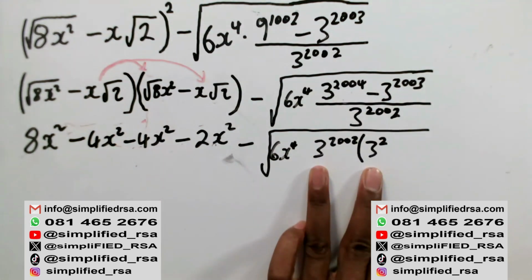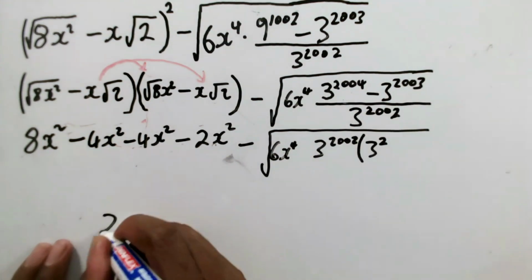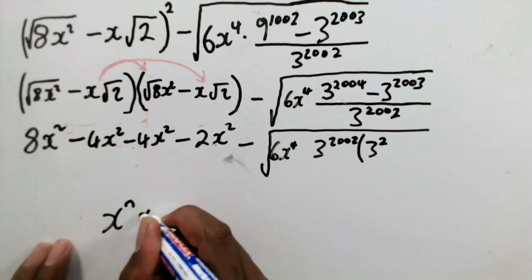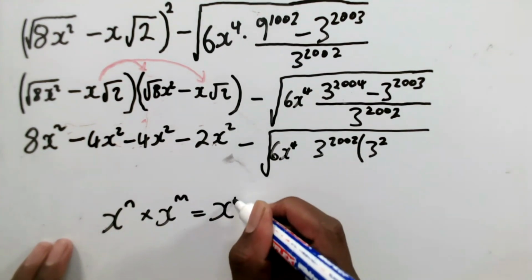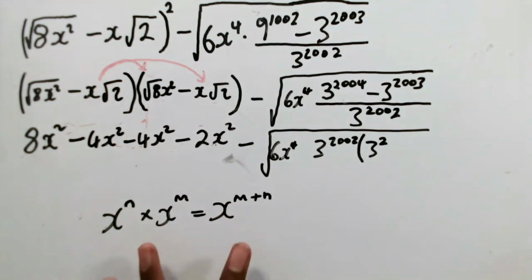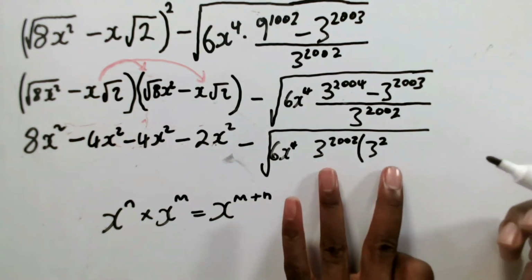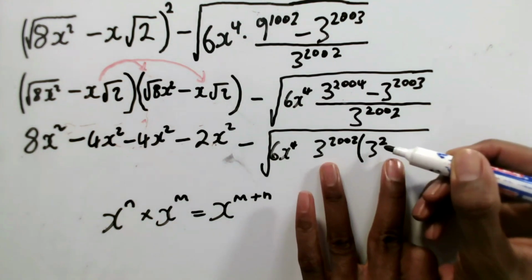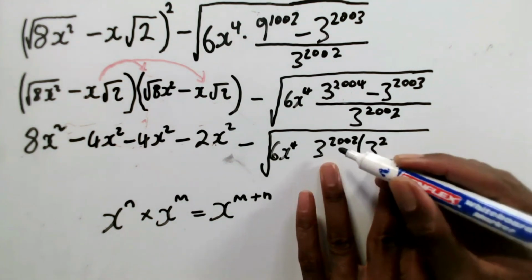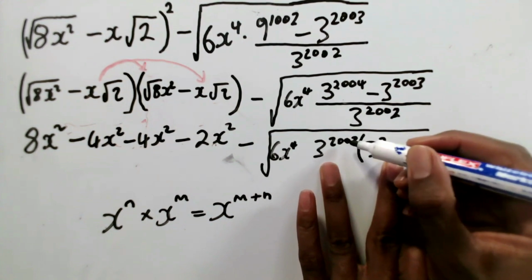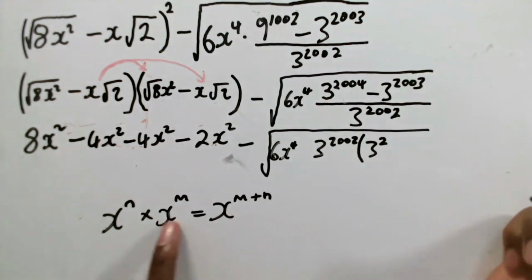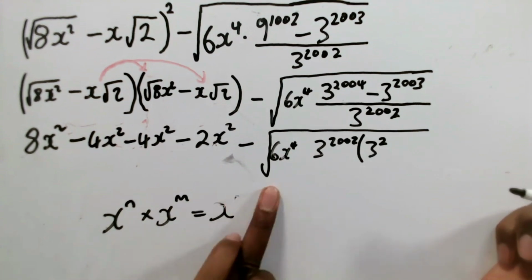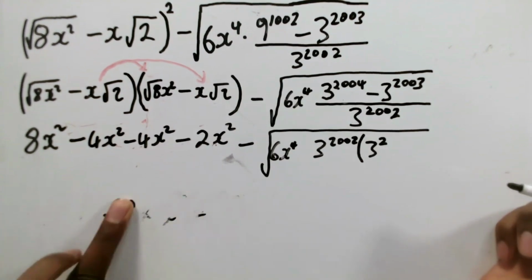And we know that with exponents, if you have x to the exponent n times x to the exponent m, we just add the exponents to have m plus n, which is the application of this rule here. So the reason why I'm left with 3 to the exponent 2 here is such that if I multiply it back, I'm just going to add 2002 plus 2 to get 2004, using the rule that I'm stating here.